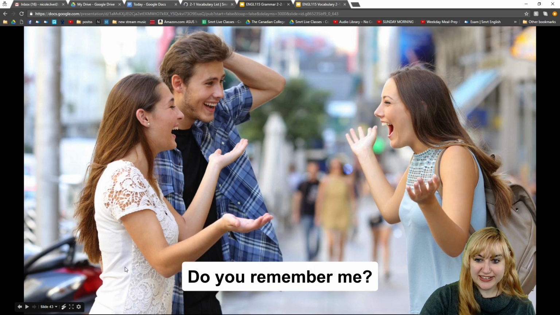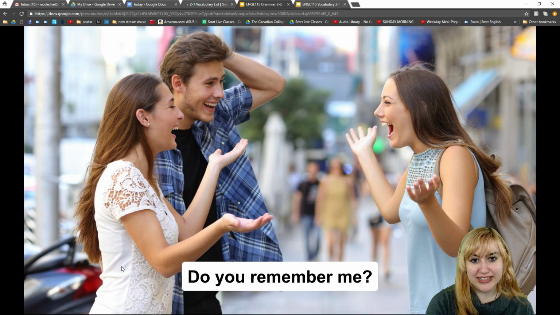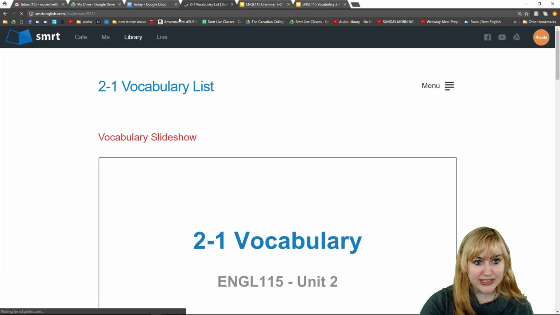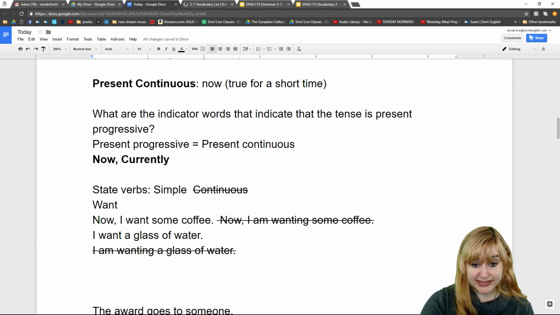So how do you feel? Pretty good, right? Okay, so it's not on the presentation because usually we don't learn this until level 120, but I just want to explain for anybody who maybe can't take the class usually. There is another reason we use present continuous.